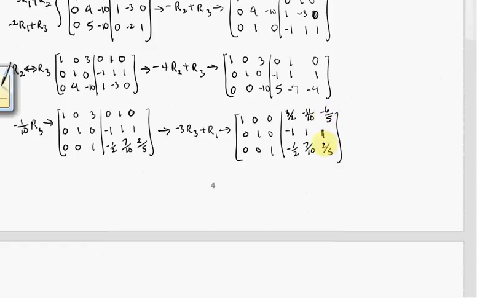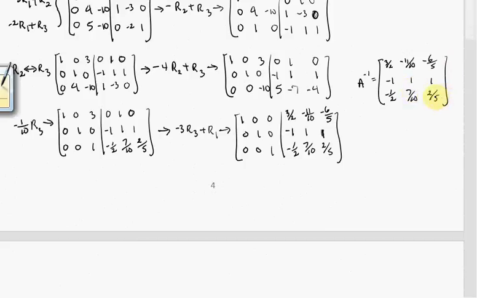So now the question is, is A inverse equal to this: 3 over 2, negative 11 over 10, negative 6 over 5, negative 1, 1, 1, negative 1/2, 7/10, and 2/5?